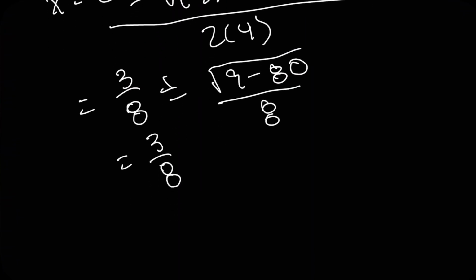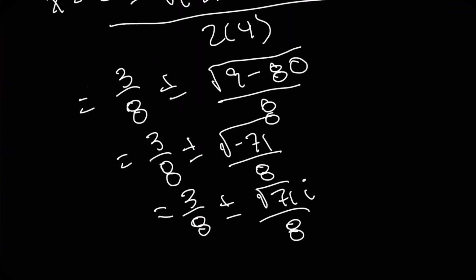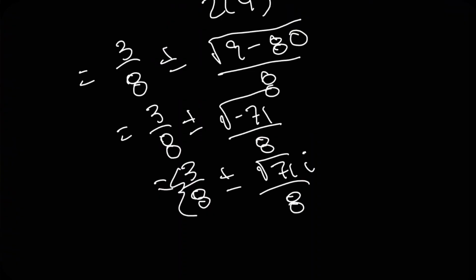We'll have 3/8 plus or minus the square root of negative 71 divided by 8. And we know that the square root of negative 1 is actually i, so we can simplify this by saying 3/8 plus or minus square root of 71i, all divided by 8, and that is going to be our solution.